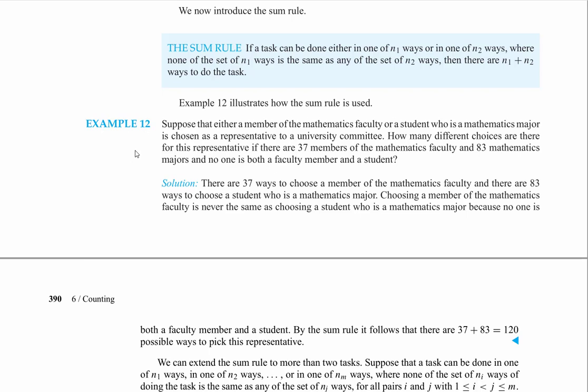How many different choices are there for this representative if there are 37 members of the math faculty and 83 math majors, and no overlap between those two?